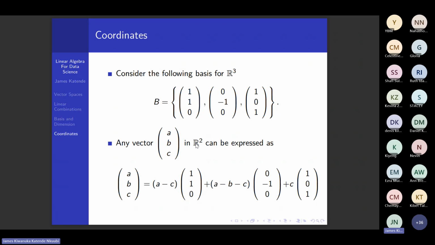Then we pick any other vector in R3, not R2. Since we are in R3, this should be R3. There's a typo here that I should correct. You can show that such a vector can be expressed as a linear combination of these 3 vectors. So this gives you the coordinates of this vector A, B, C with respect to this basis. The coordinates will be A minus C, A minus B minus C, and C.